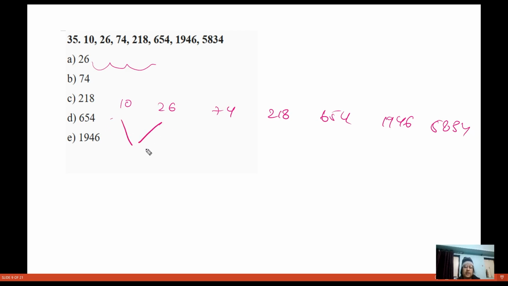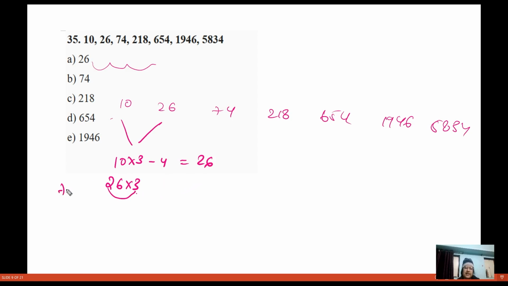So 10 to 26: 10 into 3 minus 4, we get 26. Similarly, 26 into 3. 26 into 3 will get how much? 20 into 3 you will get 60, and 6 into 3 we get 18.